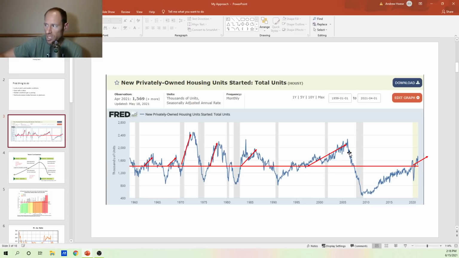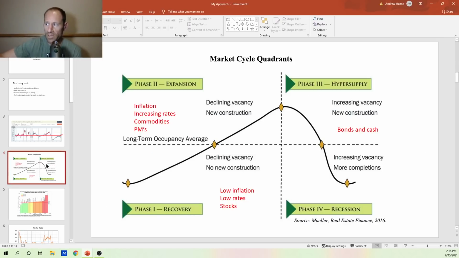And this is what the chart looks like. We are going into an expansion phase, which has ramifications. You want to be looking at certain sectors during an expansion phase of real estate. So this is the real estate market cycle. We've got the recovery phase, the expansion phase, the hypersupply phase, and the recession phase.